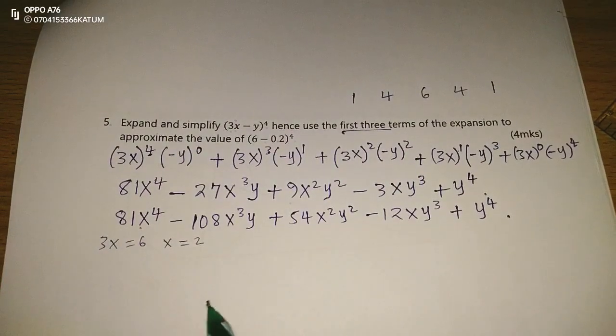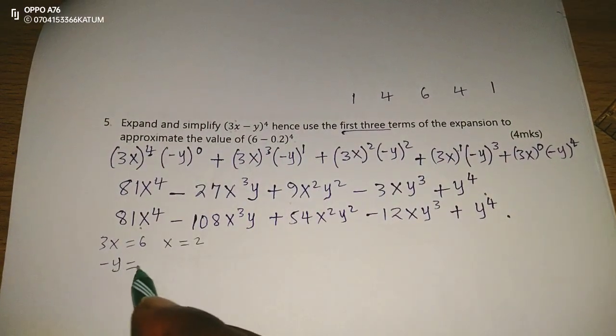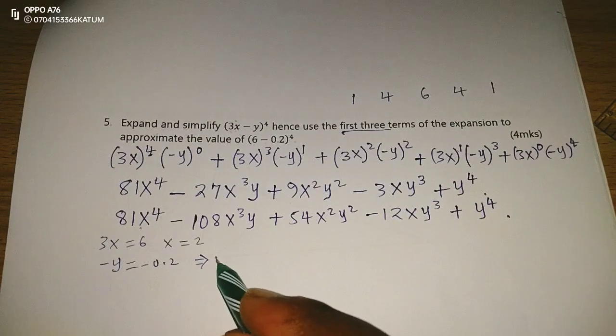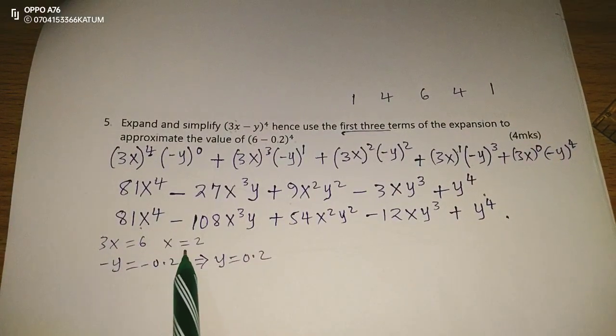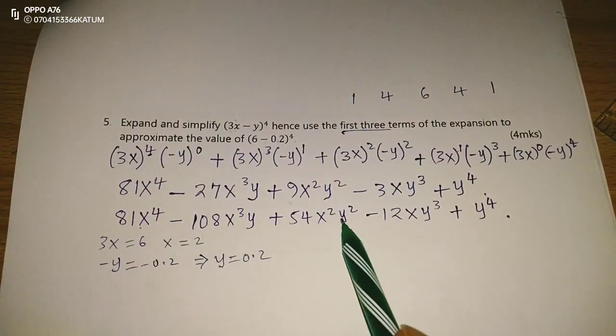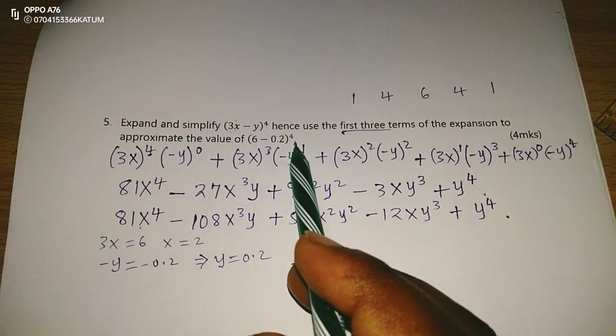Then we equate again negative y with negative 0.2. This means that y will be 0.2. Therefore, with x as 2 and y as 0.2, using the first three terms, we shall approximate this value.